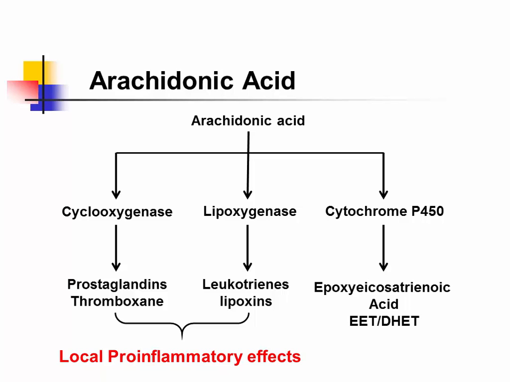Three pathways involve three key enzymes that regulate the synthesis of biomediators from arachidonic acid: cyclooxygenase, lipoxygenase, and cytochrome P450. These three enzymes are very important in regulating biosynthesis of prostaglandins and leukotrienes from arachidonic acid.